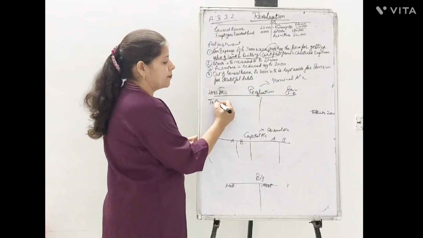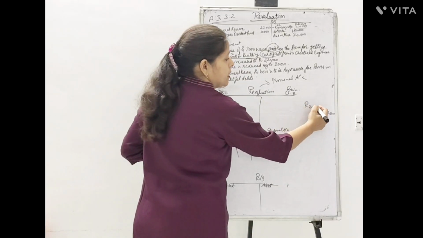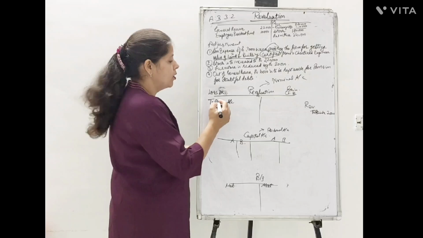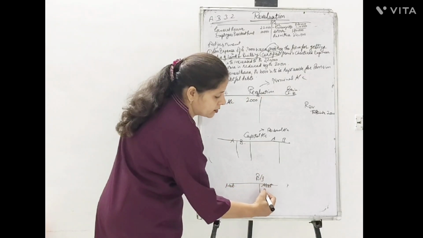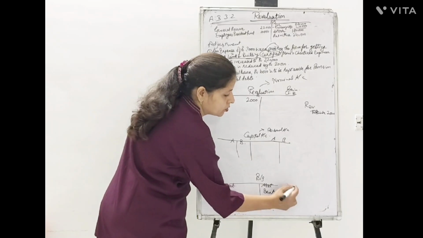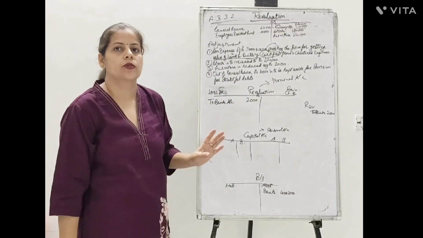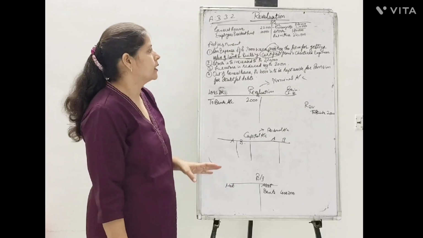So the entry goes: revaluation account debit to bank account with rupees 2000, and in the balance sheet your bank would be given a less of rupees 2000. Whatever bank balance there is would be given a deduction of rupees 2000.